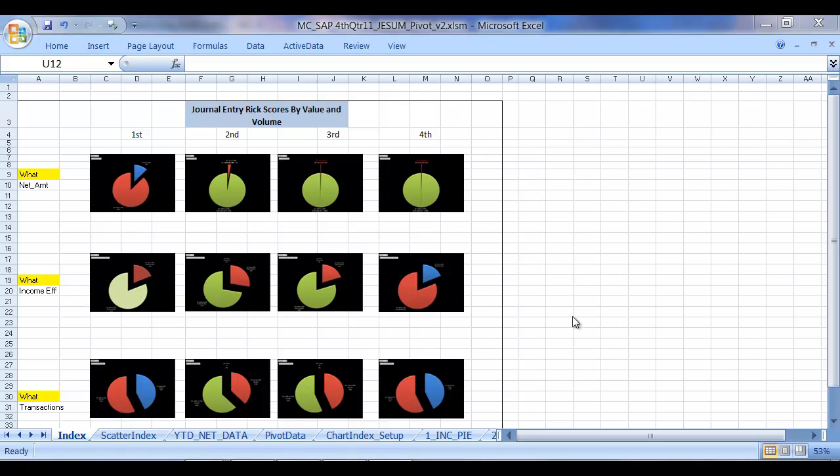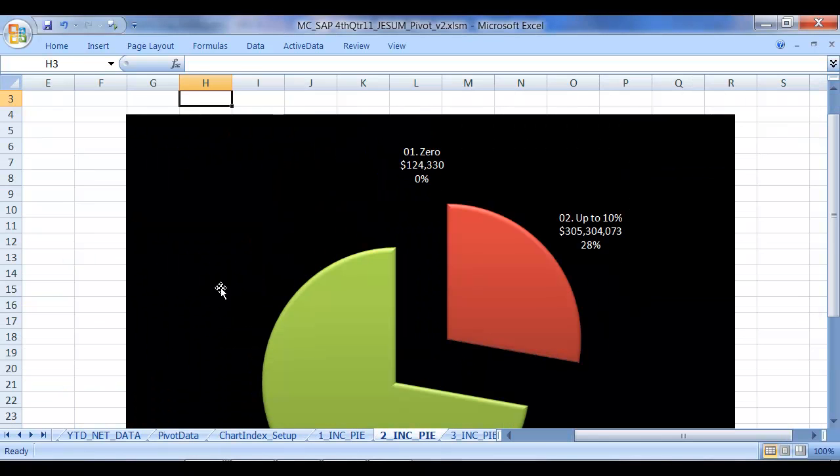In addition to the summaries to date, we also can summarize the risk score by journal entry itself and take a look at those journal entry numbers that are the most top scored. In this case, we've stratified the risk score based on income effect, transactions, and net amount. Let's just take a look at one of these just to explain what we've done.